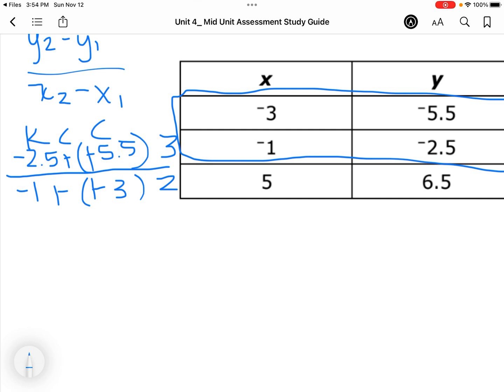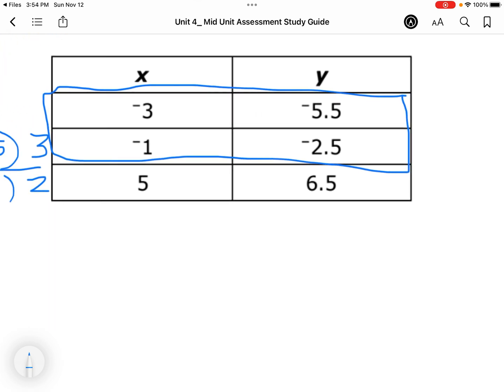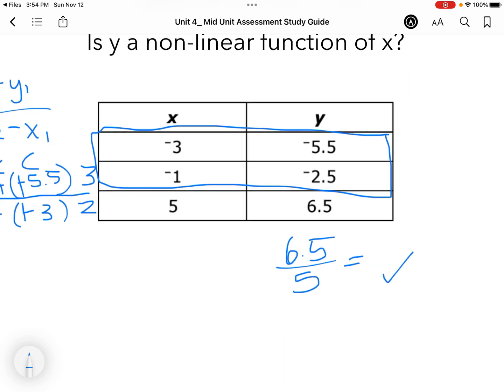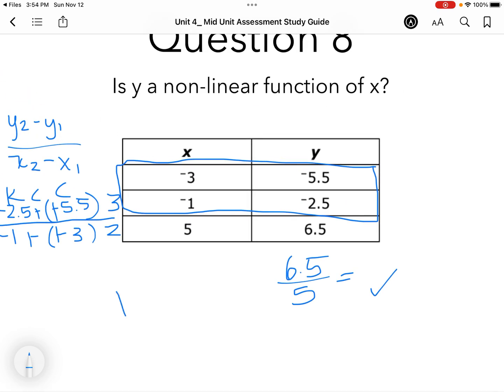Then we can think about, okay, is that the change that's going to continue to occur? Is that the change all the way across? So if I divide y by x all the way across, does that work? When I do 6.5 divided by 5, do I get 3/2 or 1.5? And I do. So this one is a linear function.